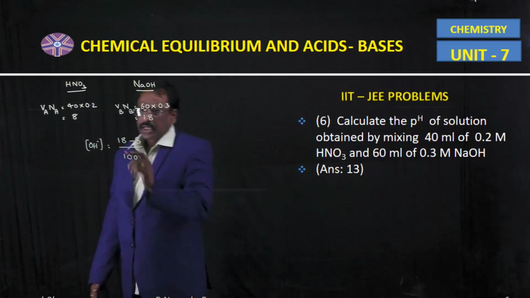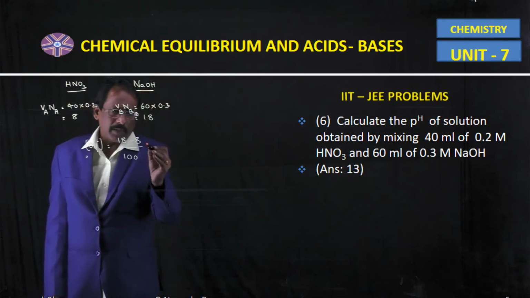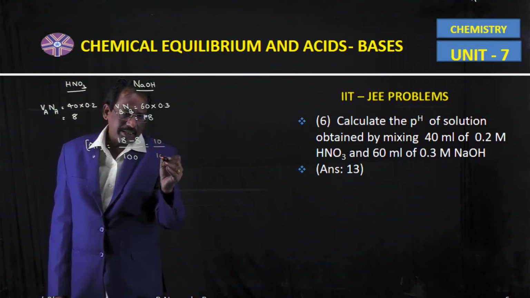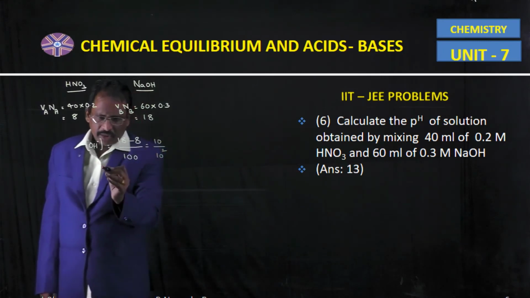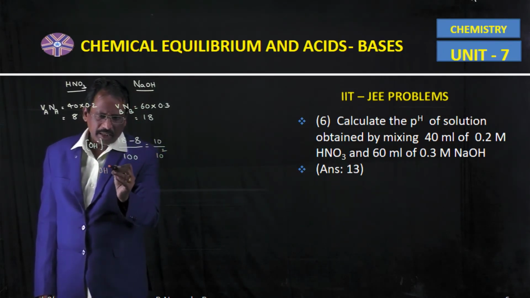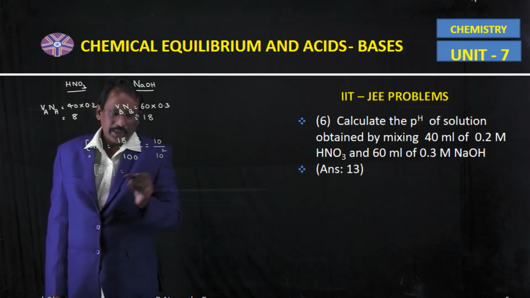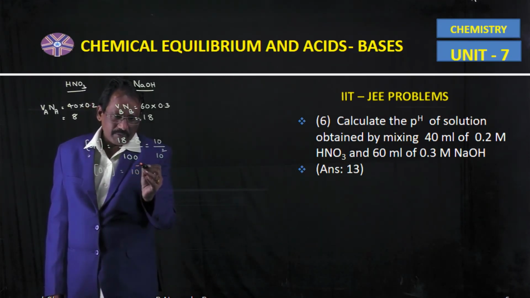That's why OH minus ion active mass is equal to 10 divided by 10 square. Therefore, OH minus ion active mass is equal to 10 power minus 1.